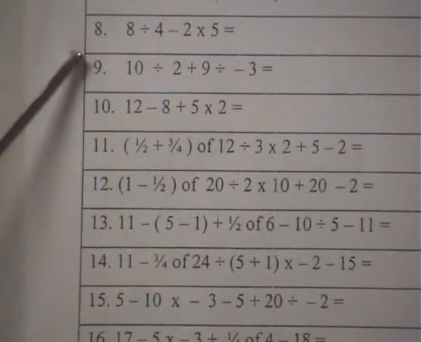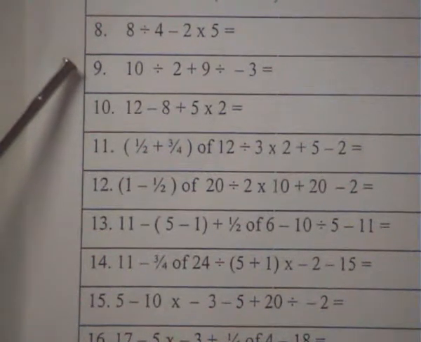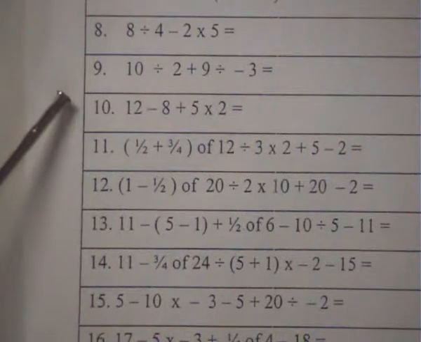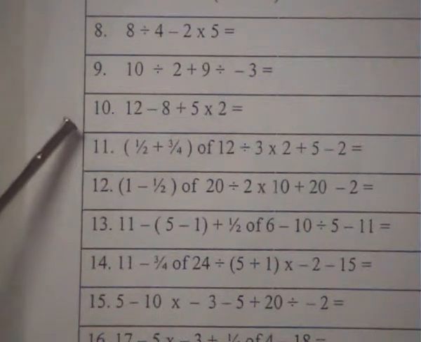Number 8, 8 divided by 4 minus 2 times 5. Number 9, 10 divided by 2 plus 9 divided by minus 3. Number 10, 12 minus 8 plus 5 times 2.